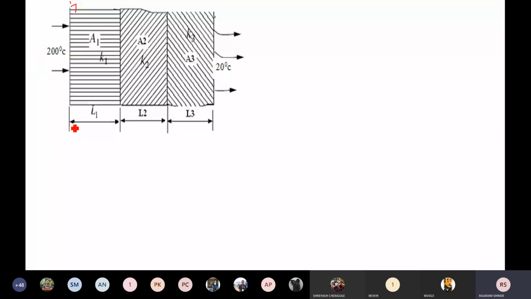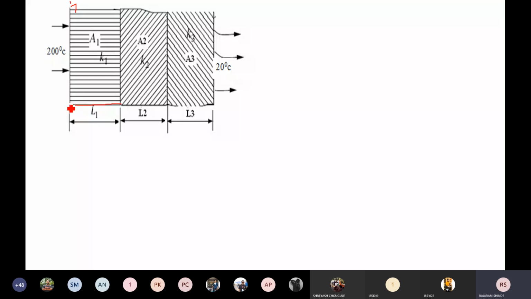Now we have to discretize. Can anyone tell me how many elements we have to use for this? How many elements we have to use? Three elements are sufficient for this, because from here to here material properties are same. That means there is the same material.